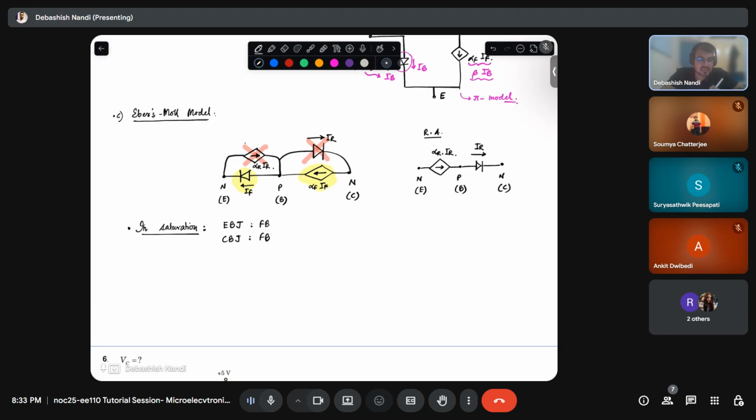So whatever we have discussed in the large signal model, we have understood that forward biases have to be replaced by some sort of diodes, right? So let's say this is my base, this is my emitter, and this is my collector.